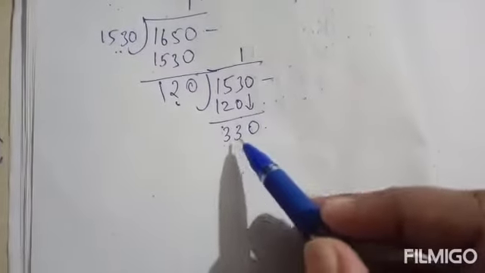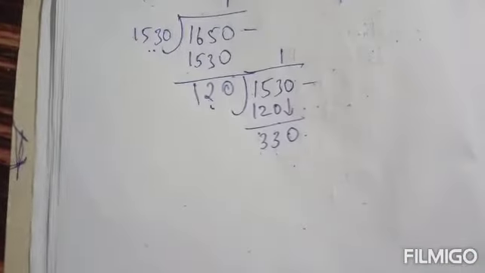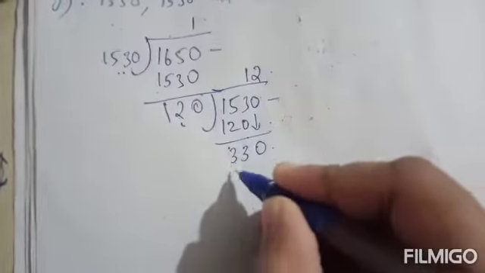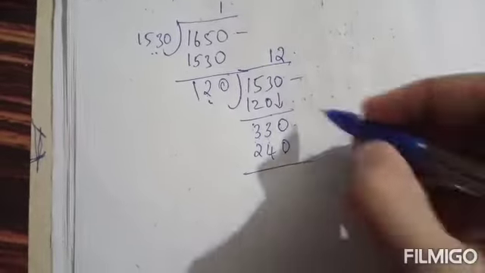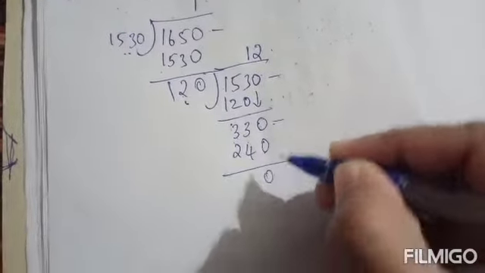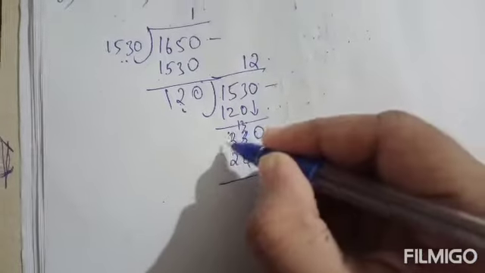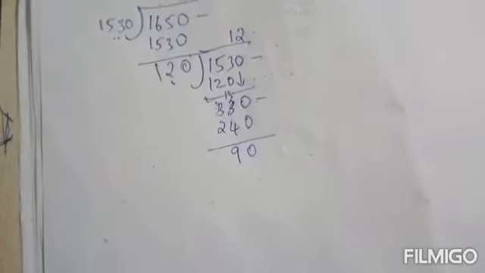Okay, so 330 divided by 120. It is 2. 120 into 2, 240 you will get. Okay. Now subtracting, what you will get? 90. Okay.